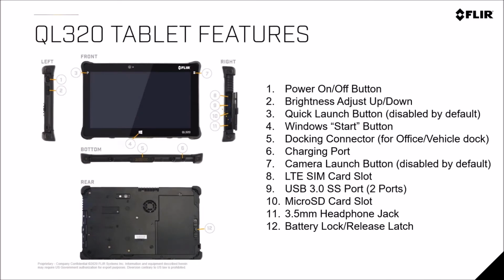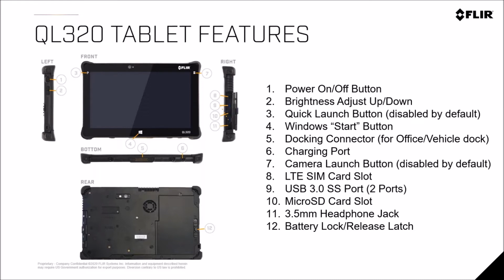So if I'm looking at the tablet, I'm going to start with the left there with the number 1 and 2. It's very simple. You've got a power and a brightness, similar to what you're going to have on your iPhone or your Android. You can turn the screen brighter or dimmer. You have that capability. The 3 is called a quick launch button.